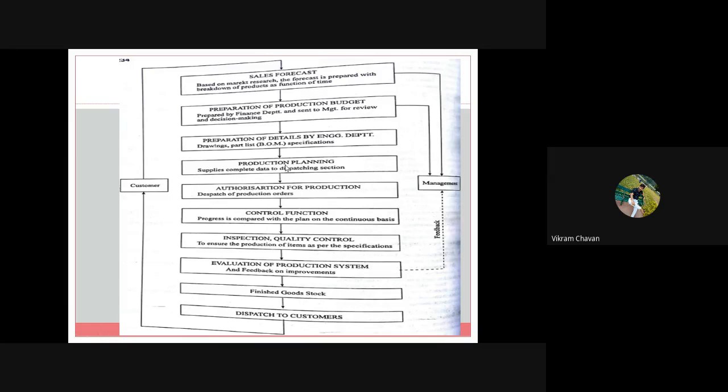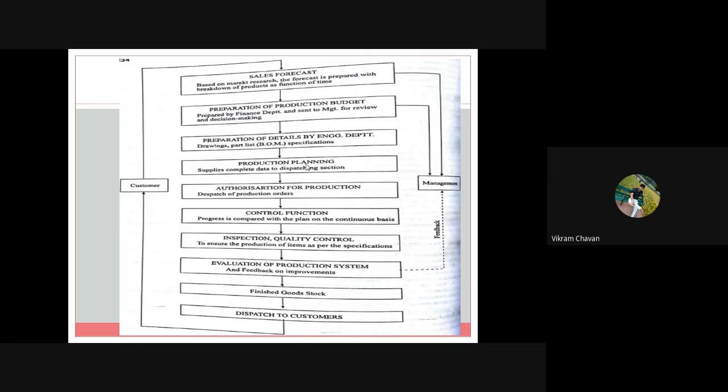The dispatching section will provide these orders to the respective employees, or to the respective workstations. It will include the process sheet, the timetable of production, and the machine loading.